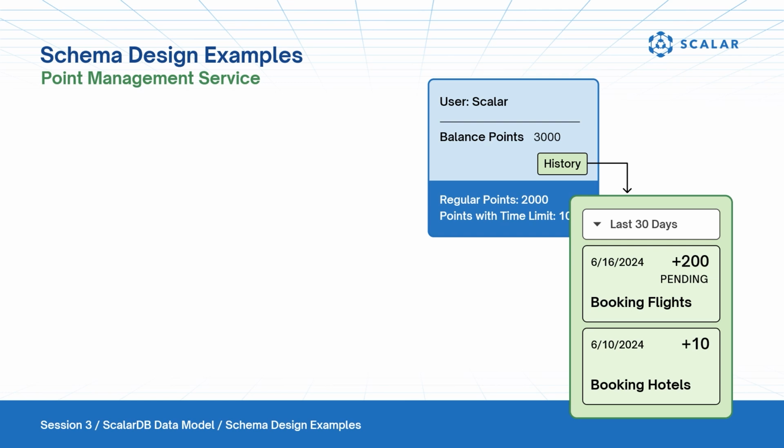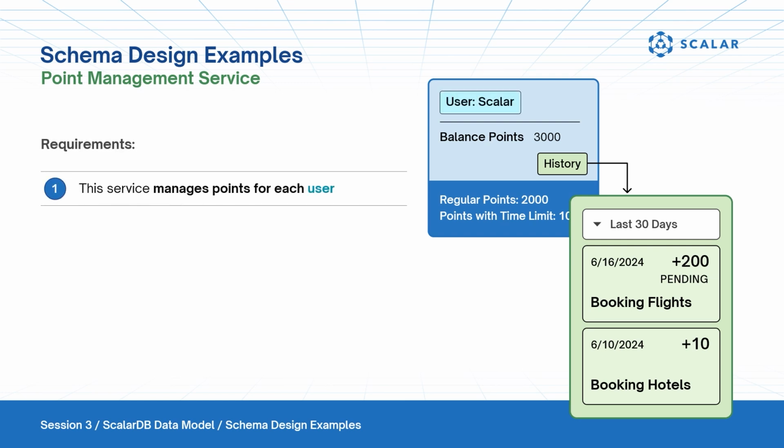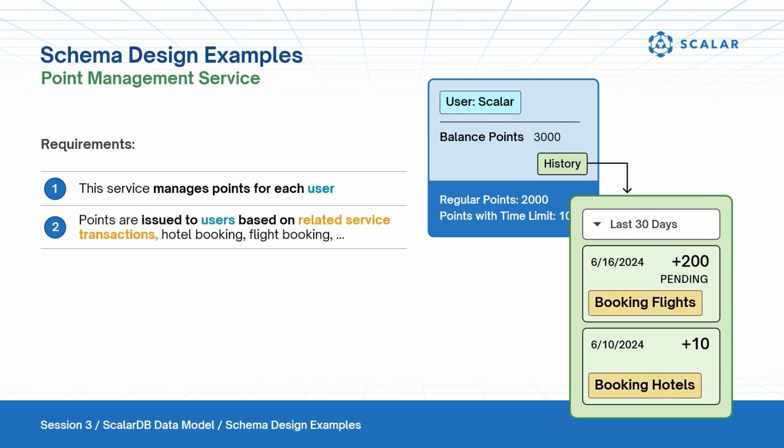Let us define some simple requirements for this service. This service manages points for each user. We assume that the user information itself is managed by a separate service. Points are issued to users based on related service transactions such as hotel booking, flight booking, and similar. This information is managed as points history.